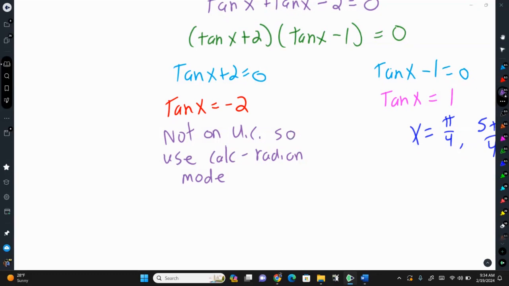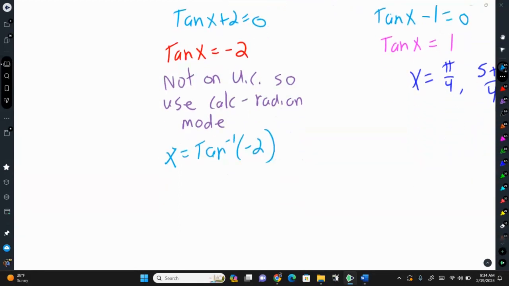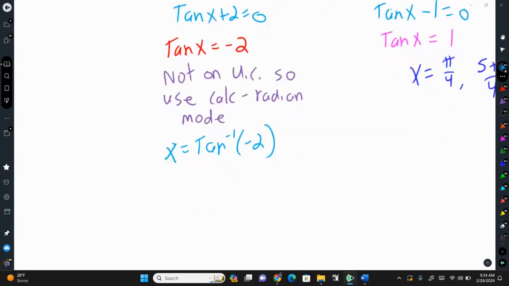Now, when we do this, we're going to do the inverse tangent of negative 2. Well, because my angle is negative, that means I'm in quadrants 2 and 4, because that is when tangent is negative. So right here, Q2 and 4.